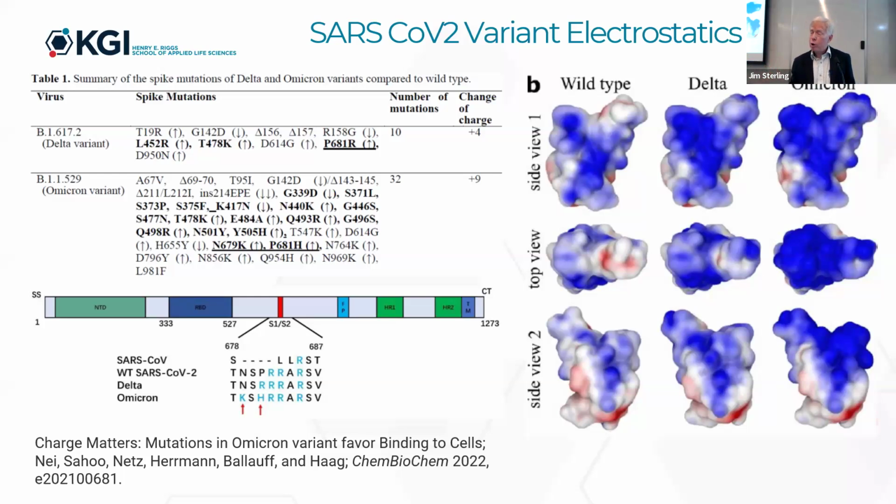And then when Omicron came by, it picked up 9 extra positive charges on the RBD region of the spike protein. And so it keeps getting more and more cationic, which means that it's going to bind to the glycocalyx of cells better. So the evolution of the SARS-CoV-2 showed that it got bluer and bluer here.